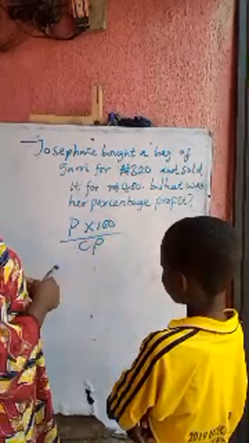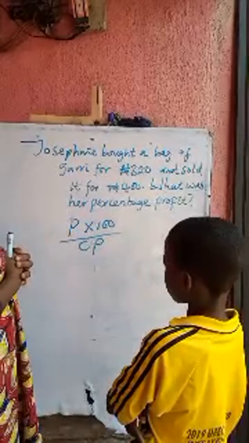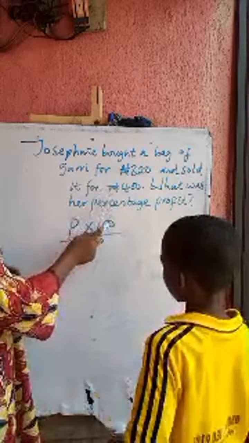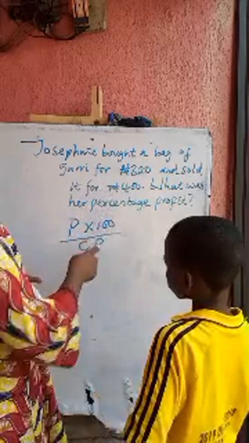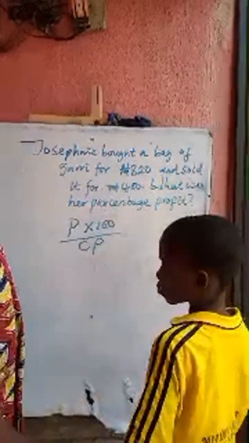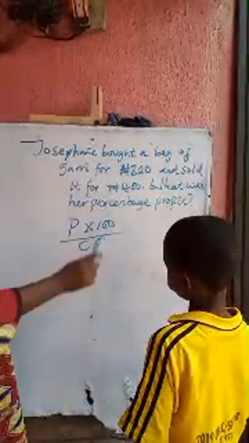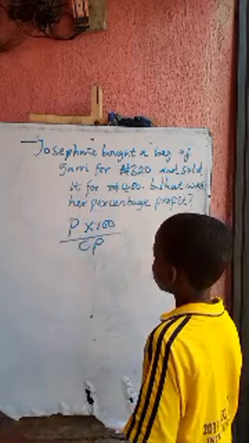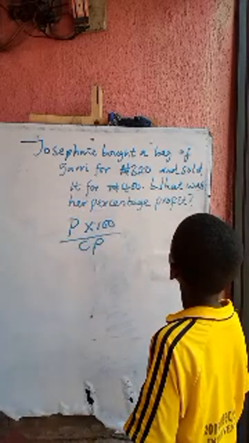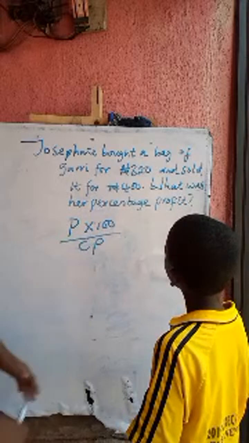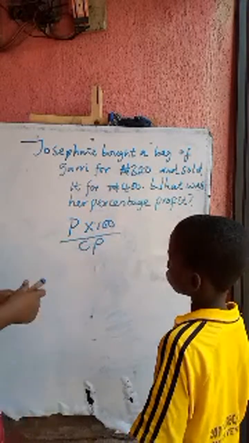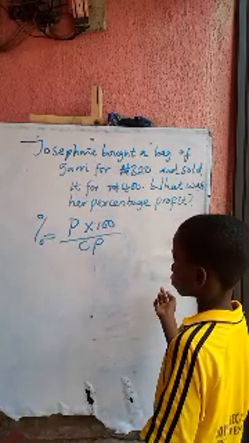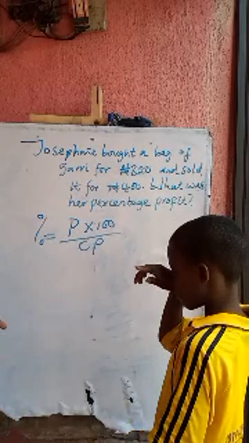P is profit, CP is cost price, times 100. Remember, we are talking about percentage. Whenever you hear percentage, you work with 100. But we must first of all get our profit. It is the profit that we use to work out the percentage profit.